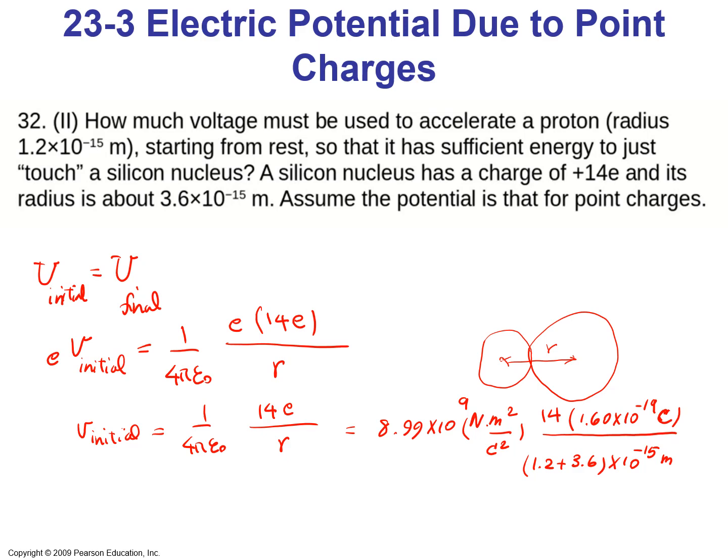And if we do the calculation, the initial potential is equal to 4.2 times 10 to the power 6 volts.